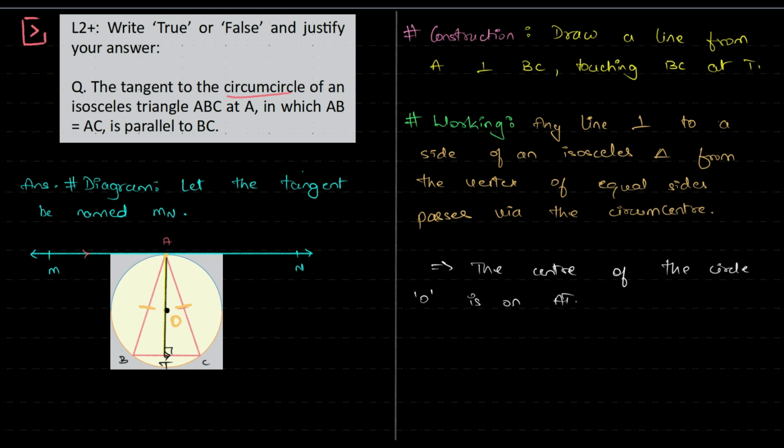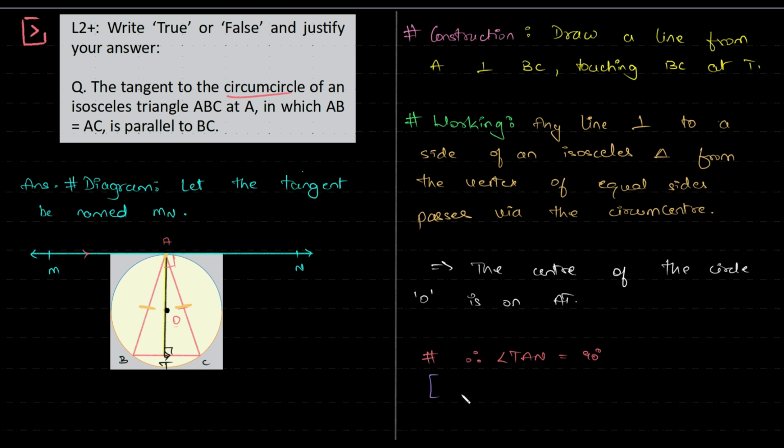Okay. And now on to talking about angle TAN being equal to 90 degrees. Is that correct? Why is this now? So I told you this is the center O. And now I'm telling you angle TAN is 90 degrees. Why is that?